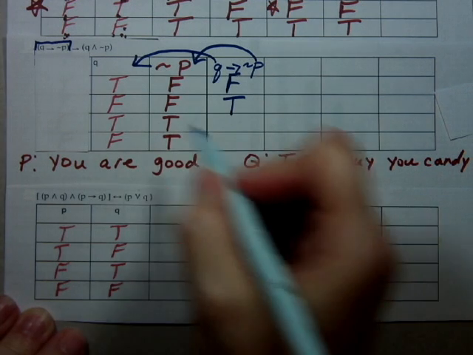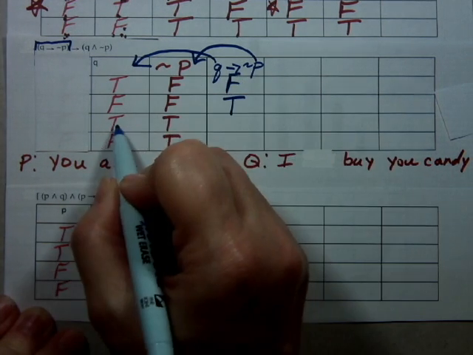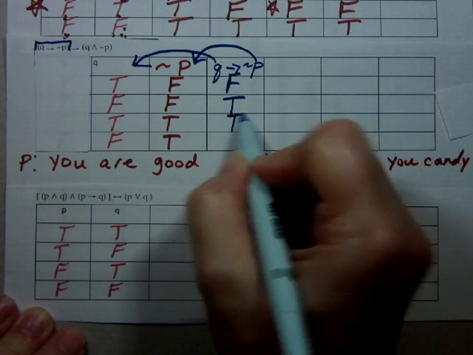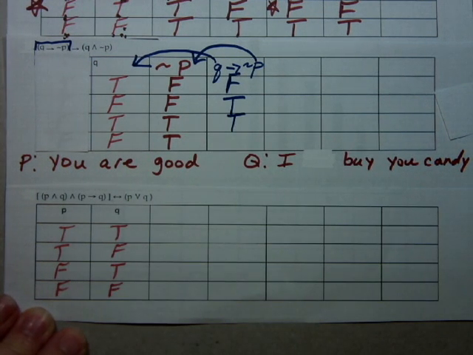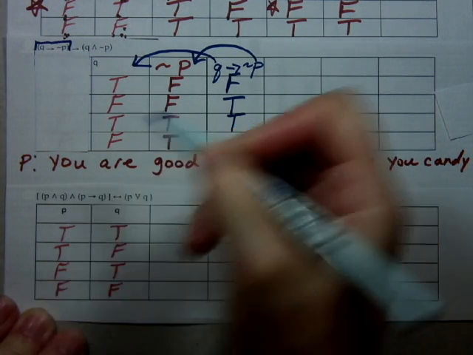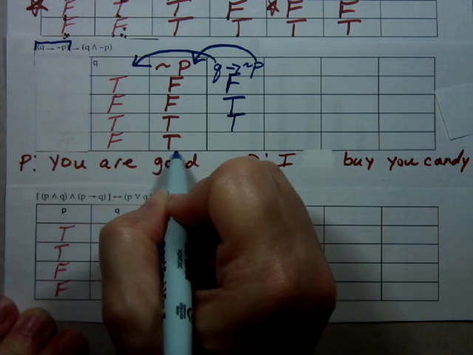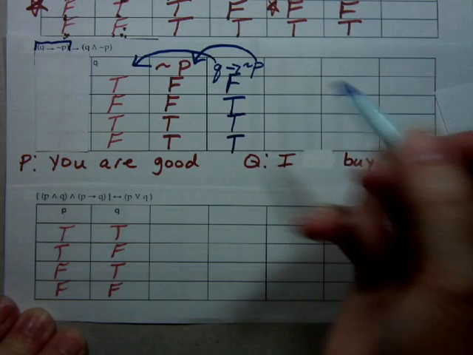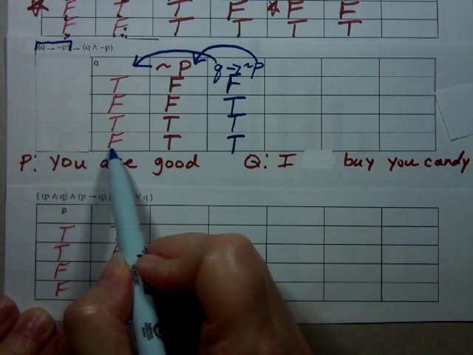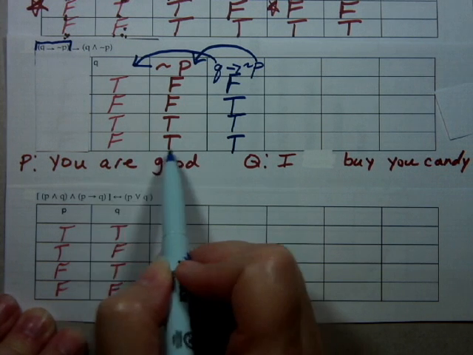If you did this and I did that, I told the truth. If you did not do this and I did do that, then I told the truth, because I said if you do this, I'll do that. I didn't say what I'm going to do if you do not do this. Remember? That's that one.